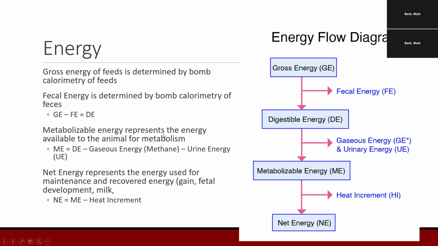Okay. Energy. I know for a fact this is reviewed for you guys. But I'm very fond of questions that talk about the energy flow diagram, so don't be surprised if you see this later. So we take that sample and we can do what to it to measure gross energy?